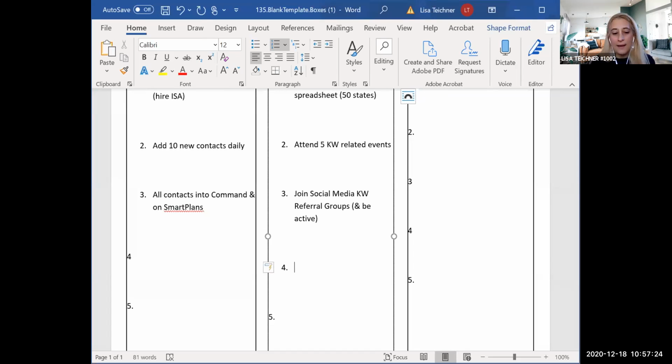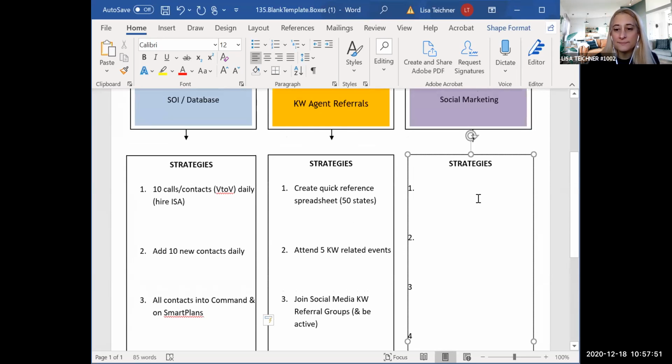So add them to smart plans, create smart plans, so I'm just going to put add to Command contacts. Because we've already agreed that we're going to have everybody on a smart plan, in strategy number 3 and priority 1, that they'll go on a smart plan. Does that make sense? Okay. Any questions about that?